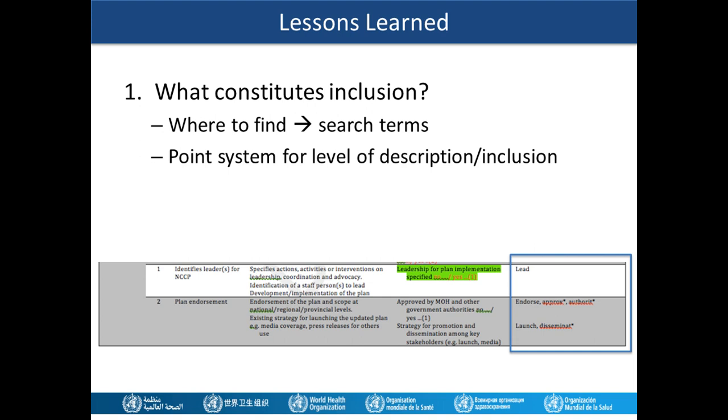So we would start with the key terms, do the full analysis, and then go back through and skim the plan once more just to make sure we weren't missing any elements. By doing this level of redundancy, we were able to reconcile some of the discordance rates that we had initially.